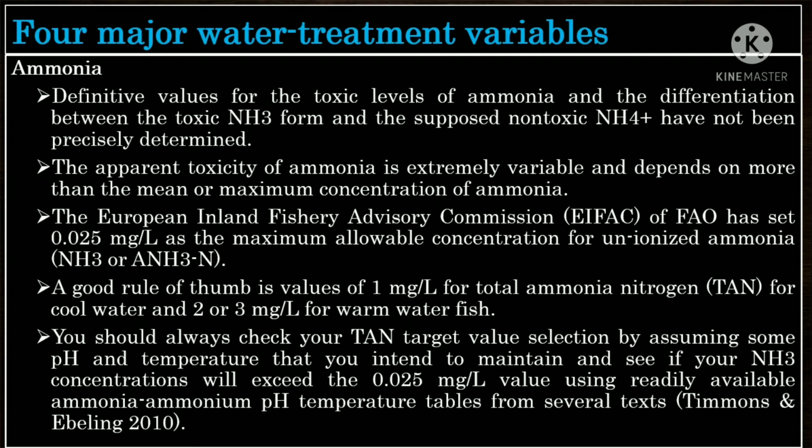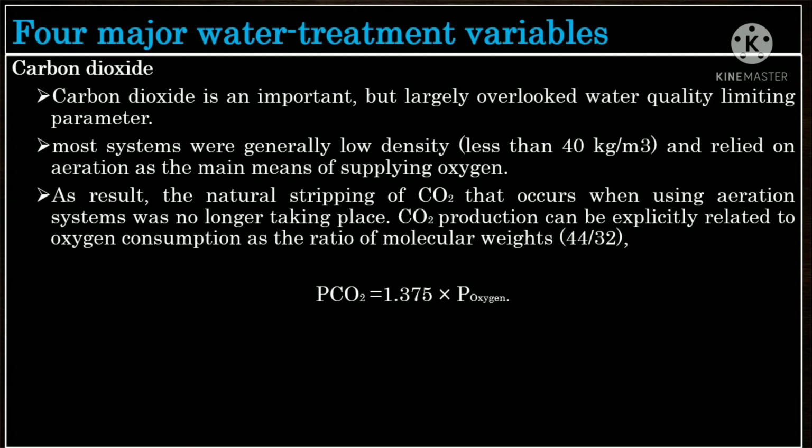So next is carbon dioxide. Carbon dioxide is an important but largely overlooked water quality limiting parameter. Most systems were generally low density, less than 40 kilograms per cubic meter, and relied on aeration as the main means of supplying oxygen.